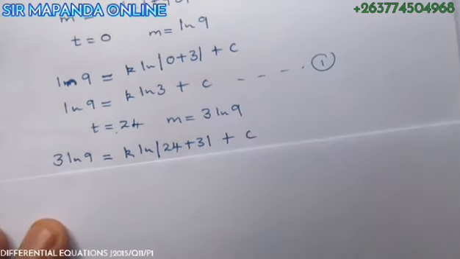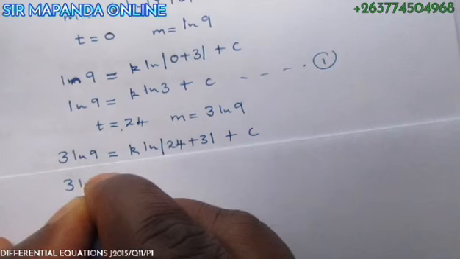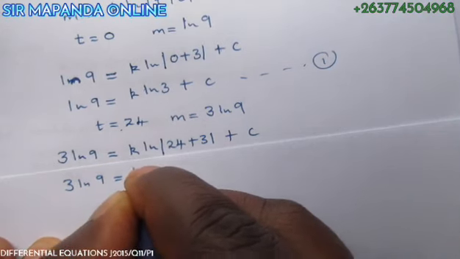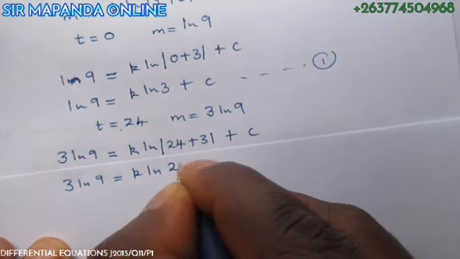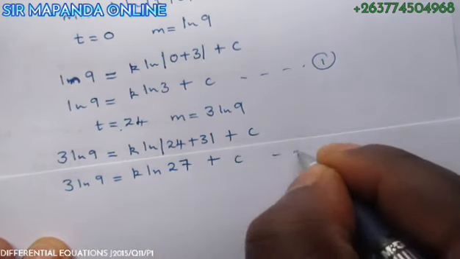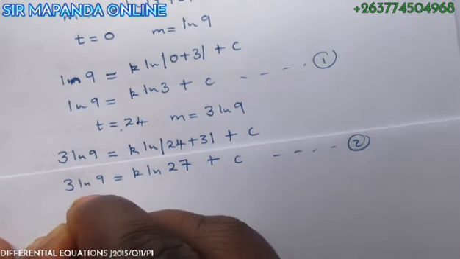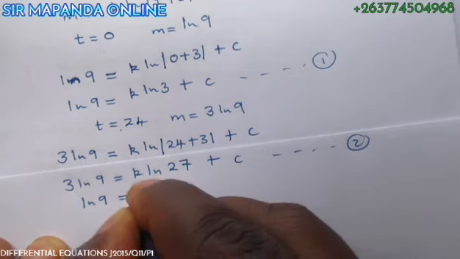Right, so you get 3 ln 9 is equal to k ln of 24 plus 3, you get 27, plus c. So this is now equation number 2. Right, so I'm now putting equation number 1 below equation number 2. Equation number 1 is ln 9 is equal to k ln 3 plus c.